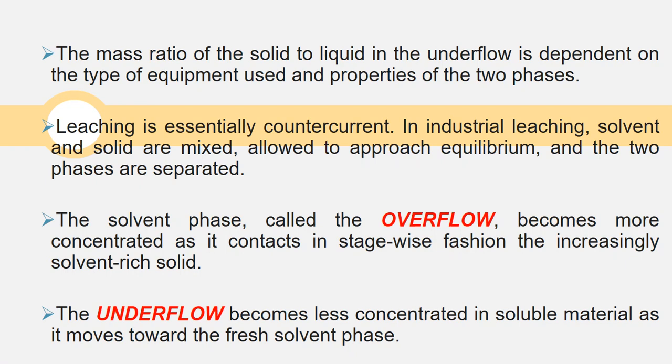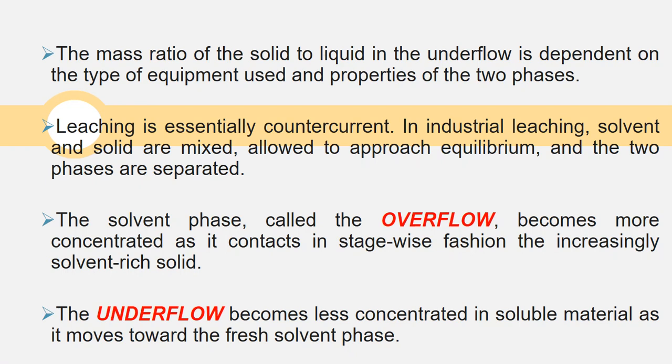Now, the solvent phase, we call that the overflow. It becomes more concentrated in the solute as it contacts, in stage-wise fashion, the increasingly solute-rich solid. The underflow, or the slurry, becomes less concentrated in the soluble material as it moves towards the fresh solvent phase.